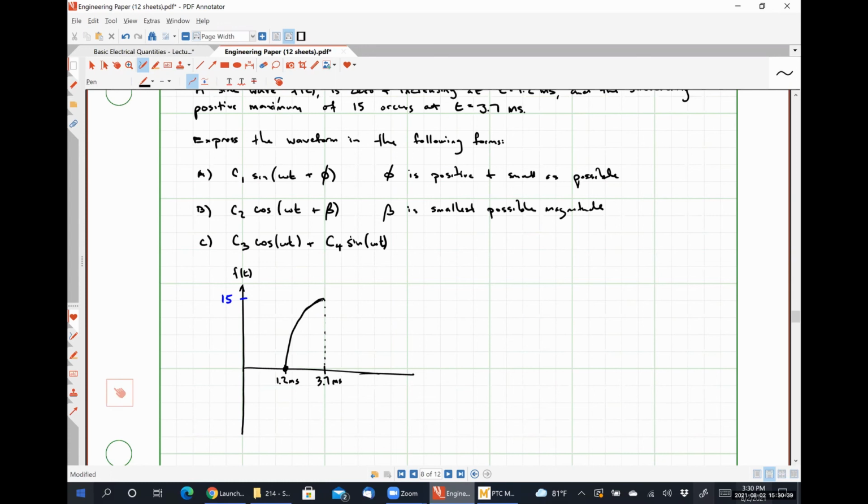So what we have is exactly 1/4 of a sine wave described in word form or whatever, right? So what can we say about this guy? Well, T over 4 is 3.7 milliseconds minus 1.2 milliseconds.